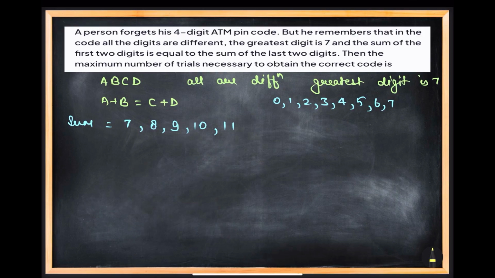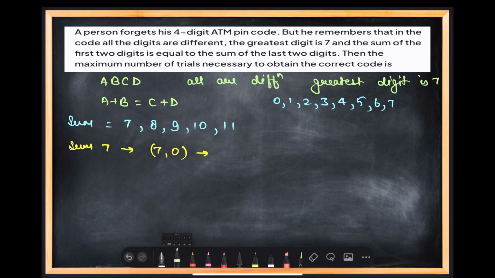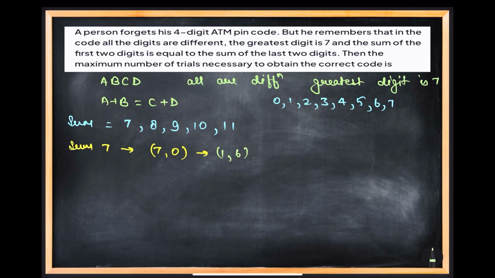Now think about this case. If the sum is 7, what would the cases be? The case would be 7 and 0. Then 1 and 6, correct?